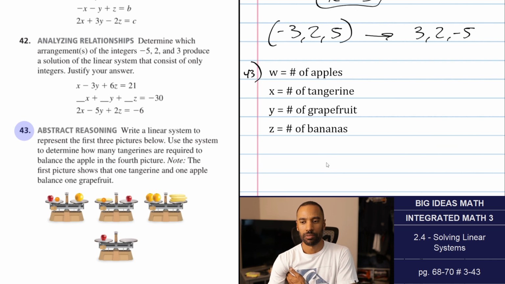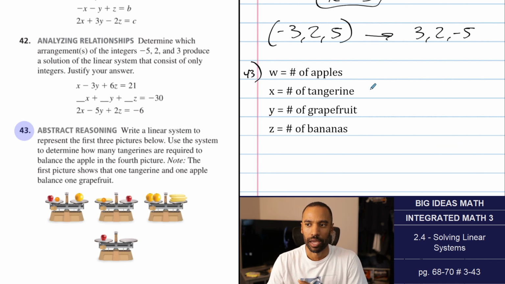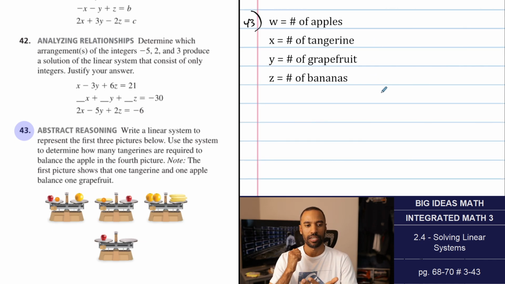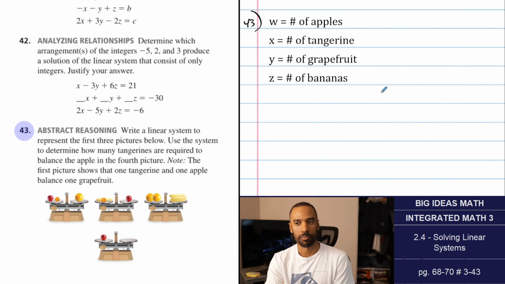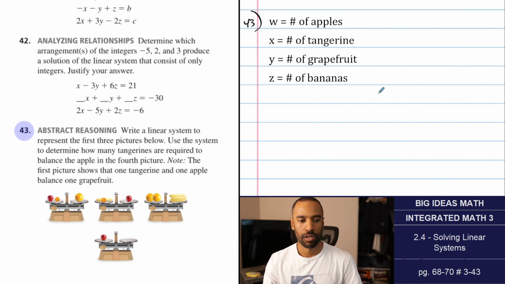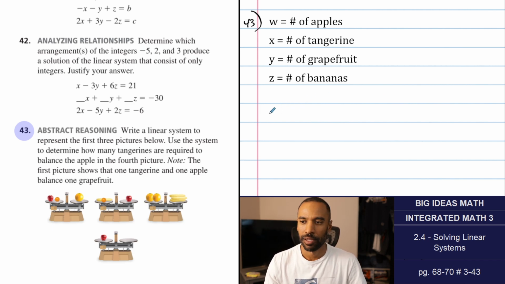I don't know. Okay, so we're going to solve for apples in terms of tangerines. We're going to solve for W in terms of X. So we have three different equations. So we have an apple plus a tangerine equals a grapefruit.